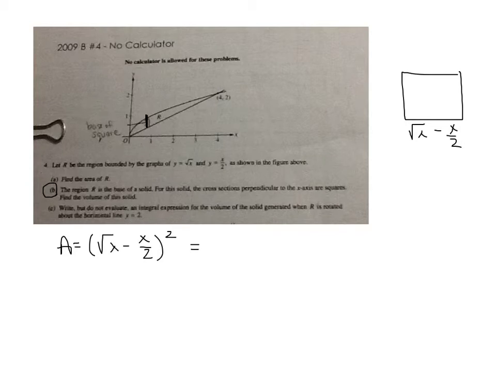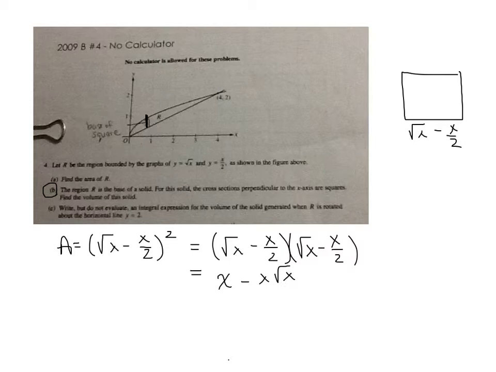Which we're actually going to have to FOIL out by hand because this is no calculator. So square root of x times square root of x is x, minus x square root of x over 2, minus x square root of x over 2, plus x squared over 4.